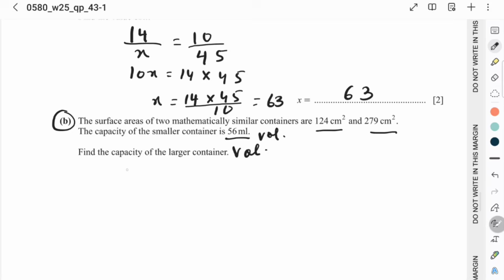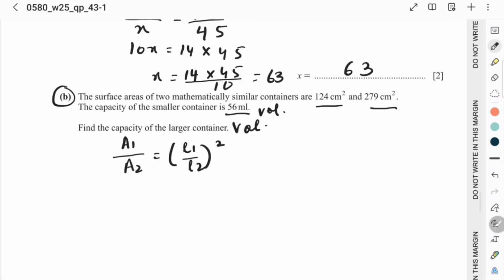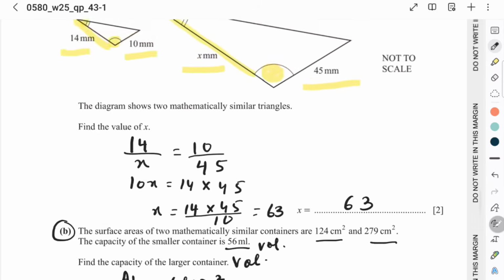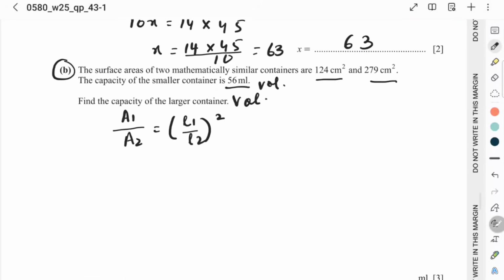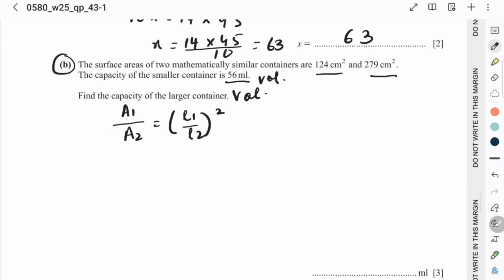So with the help of the area, we are going to find out A1 upon A2 is equals to L1 upon L2 whole square. Actually, you need the ratio of their sides of the container given in the question. In the other containers, and it is the flat shape, which is a triangle, so they are not related to each other. Okay, the smaller one I'm taking 124 upon 279 is equals to L1 upon L2 whole square.